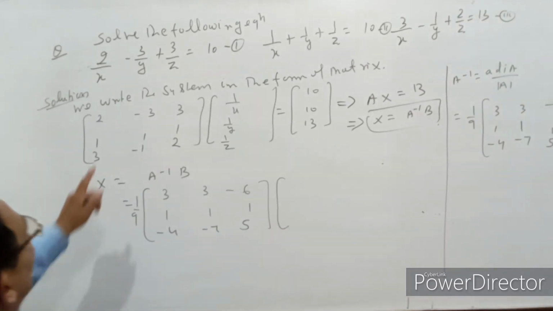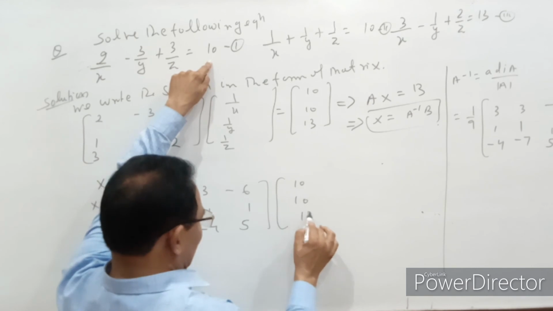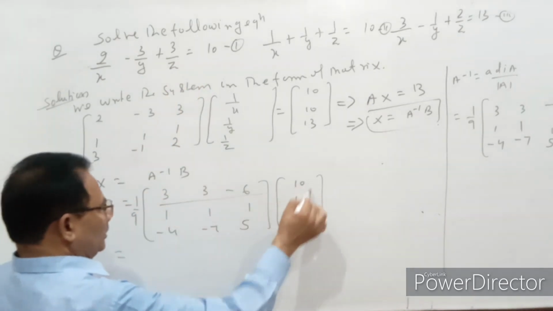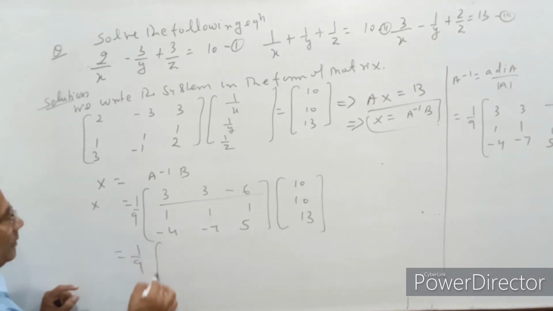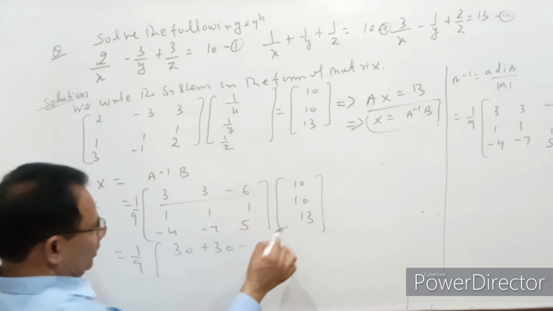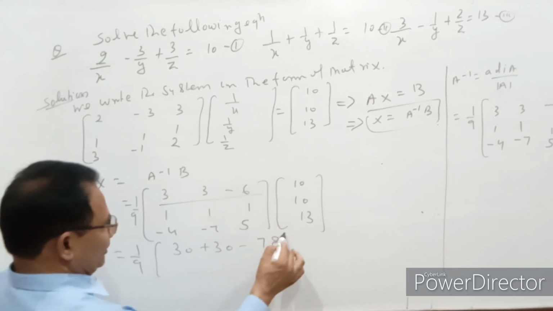Now the value of the constant matrix is 10, 10 and 13. We find the value of this, row by column: 30 plus 30 and 18, that is 78.